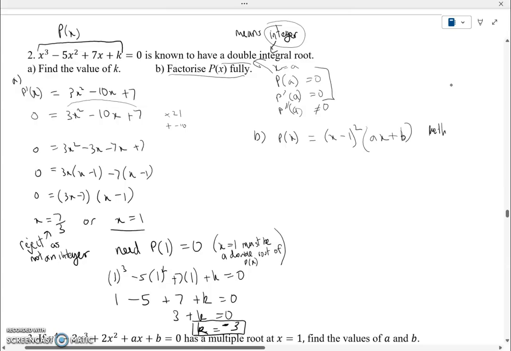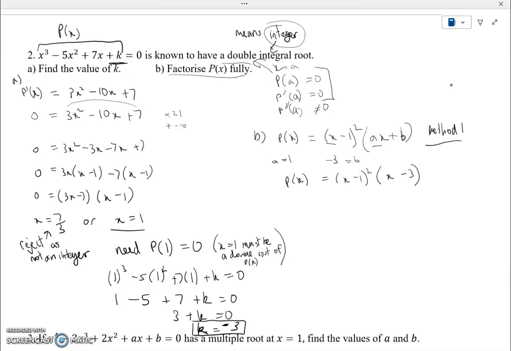I might just quickly do it. Because it's a monic polynomial here, a will have to equal 1, because the leading coefficient's 1, and this leading coefficient's a, so a must equal 1. The constant term is k, which is negative 3, and the constant term here, if you square negative 1, you get positive 1, so b must equal negative 3. So that means p of x must equal x minus 1 all squared and x minus 3.